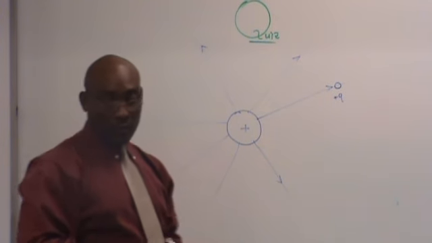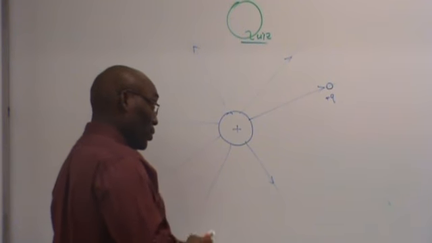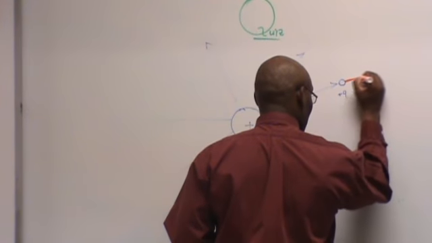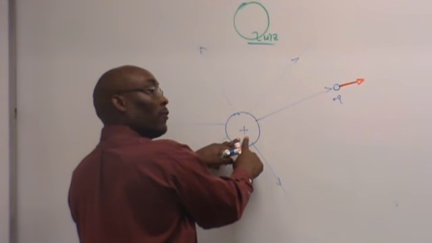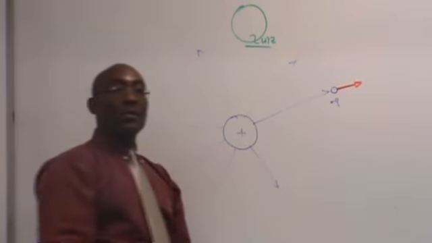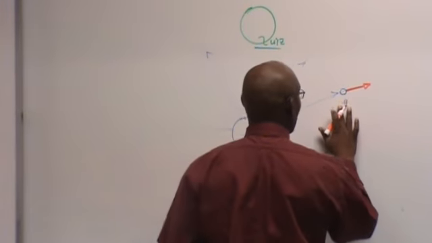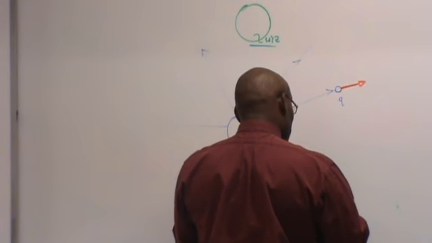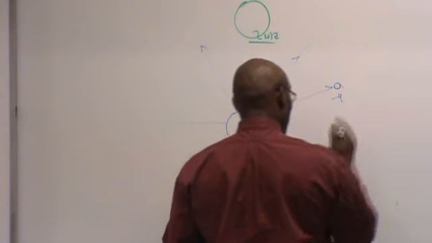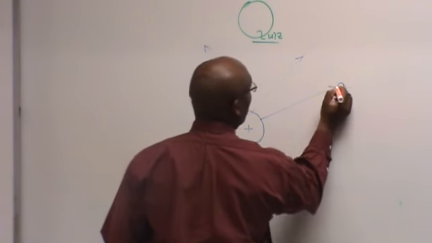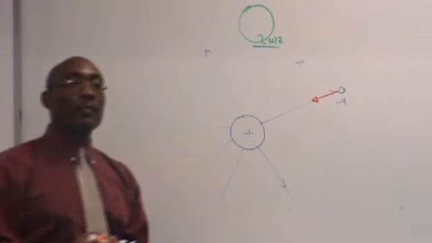This charge will experience a force that will point which way? That way, because this is positive and this is positive. If on the other hand, this charge was negative, then the force would point the other way. Follow me?